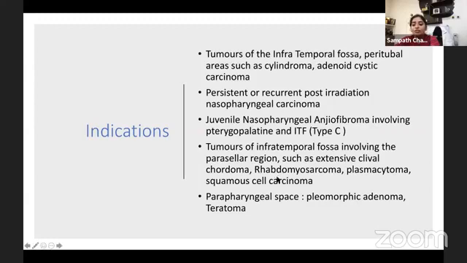And some of the soft tissue tumors like rhabdomyosarcoma, chordoma, plasmacytoma, squamous cell carcinoma, and as I said, the parapharyngeal space can also be accessed. The tumors involving that region are pleomorphic adenoma and teratoma.